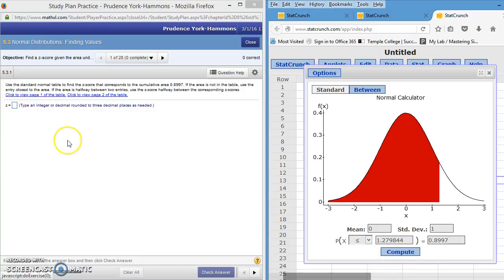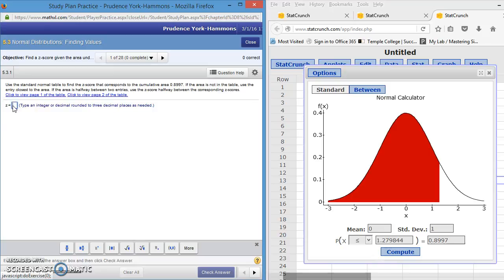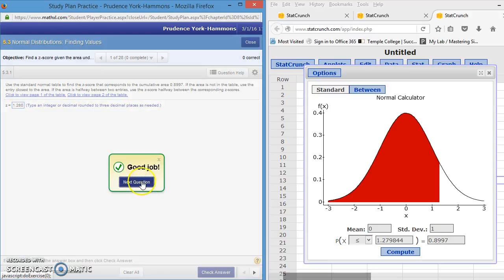So we have 1.280. Somehow or another I didn't get that all typed in. 1.280. And that was the same as what we got using page 2 of the table.